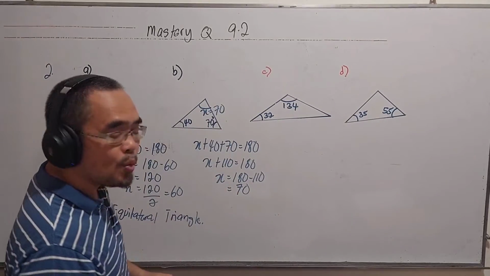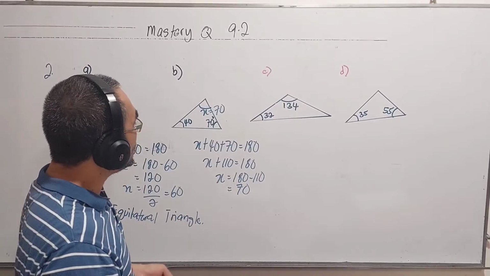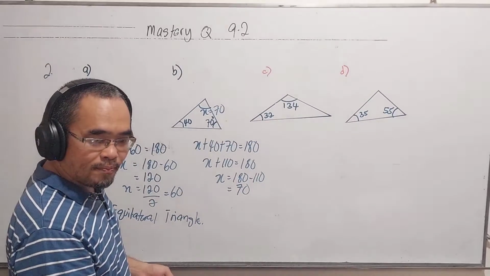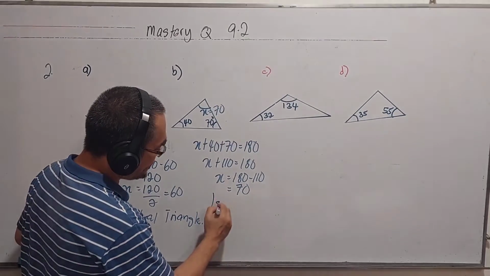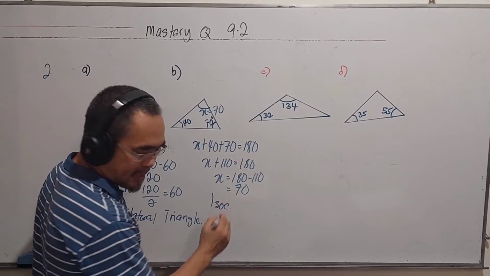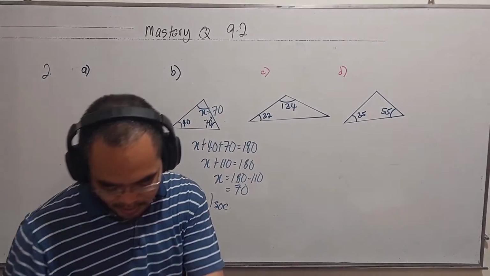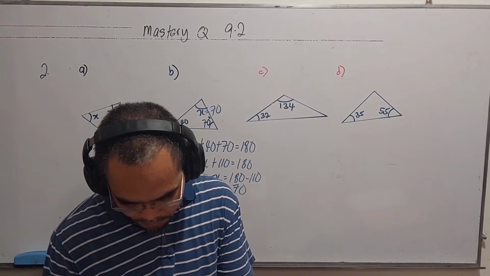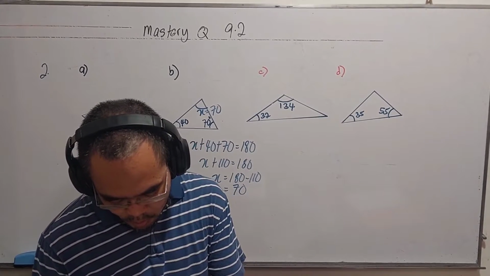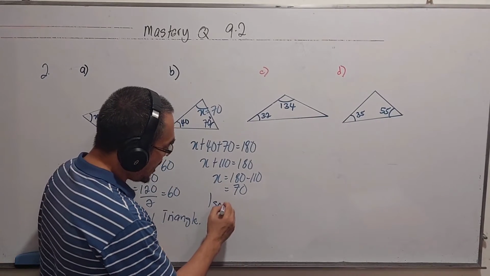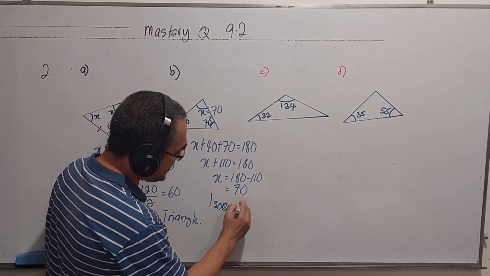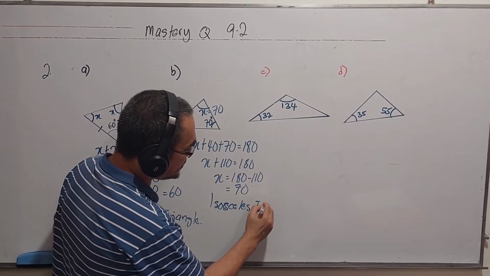So we have two angles which are equal. So it's called an isosceles triangle. How do I spell isosceles? Isosceles triangle.